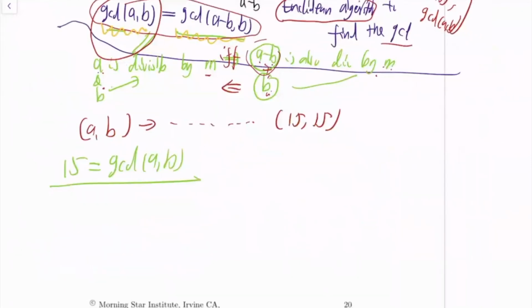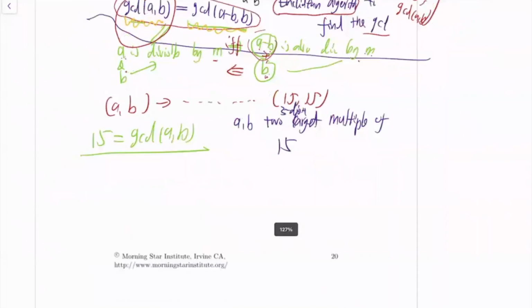So we want to find A and B as the two largest multiples of 15 that are 3-digit numbers.